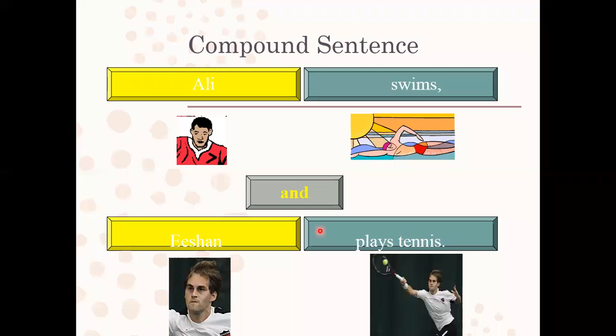Compound sentence, see the example. Ali swims and Ishan plays tennis. Here "Ali" is the subject, "swims" is the predicate, and "and" is the coordinating conjunction. Ishan is again a subject and "plays tennis" is the predicate.